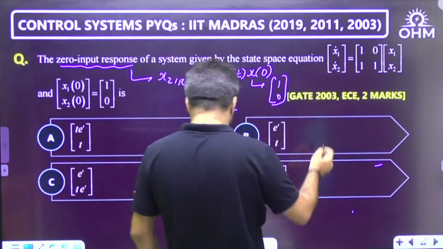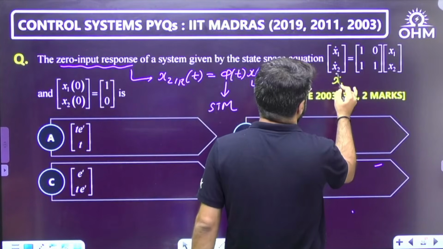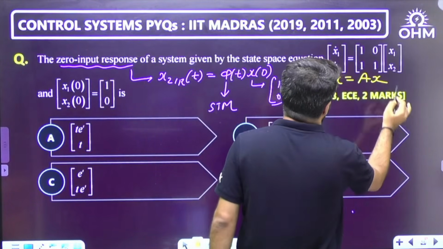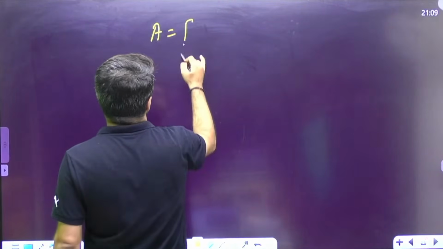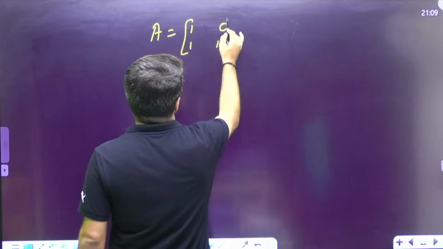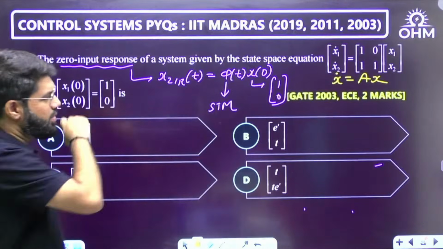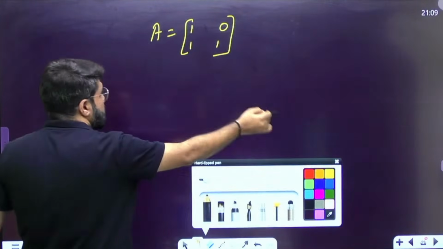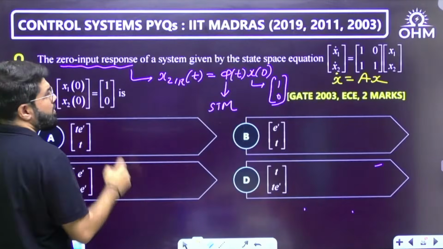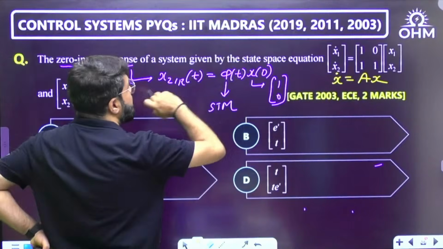This is the system of equations given as x dot equal to Ax. So what is that A matrix? The A matrix for the question is [1 0; 1 1]. That is the A matrix.